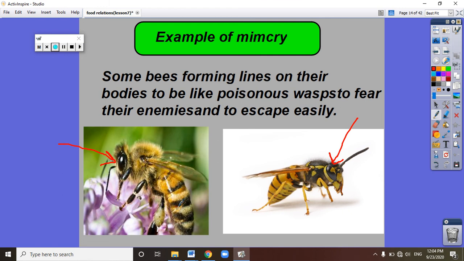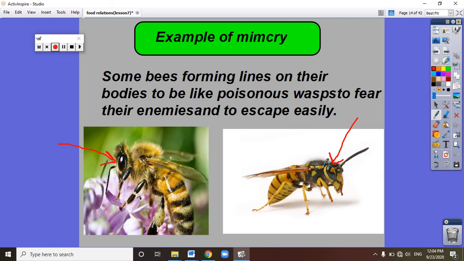As you can see, the bee looks so much like a wasp. The difference between bees and wasps is very small. There is a big similarity between the bees and the wasps.